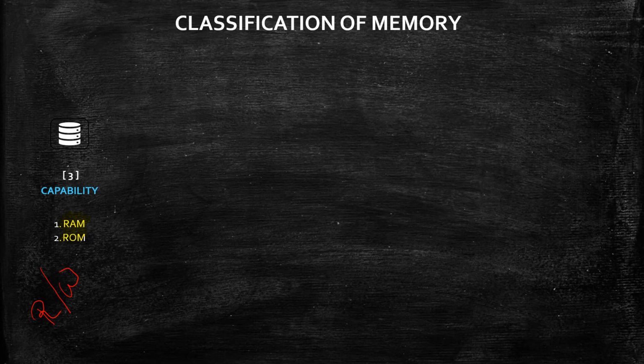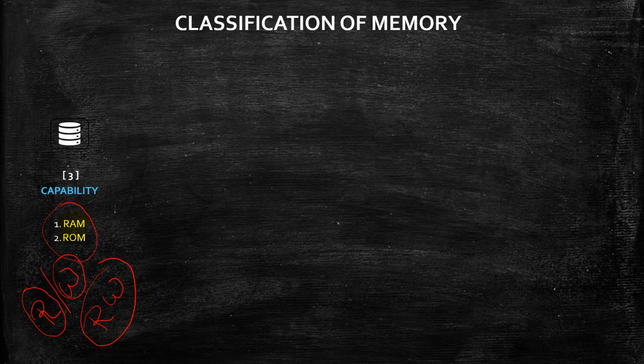And it might be possible that you can perform both operations. So how can you use that memory? Can you perform only the read operation, or will this memory allow you to only write the data, or can you perform both operations? Based on this capability of any memory, we have two types.